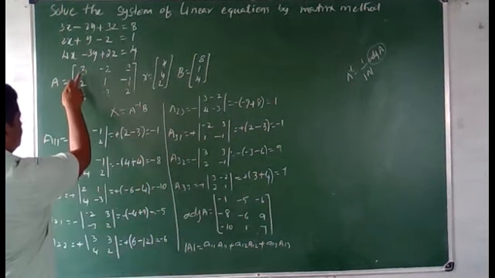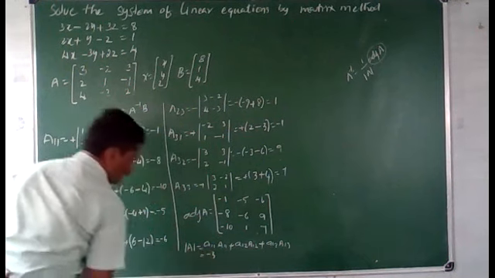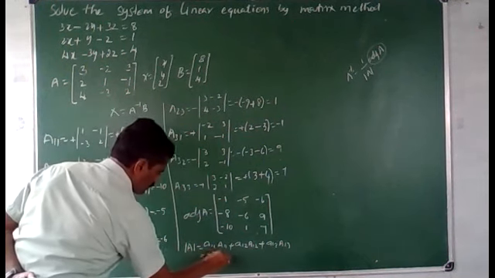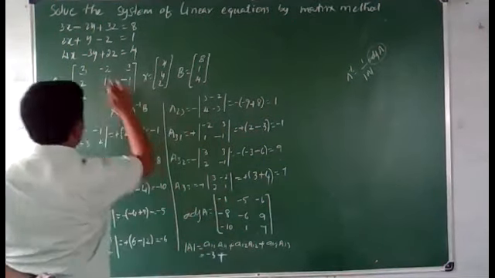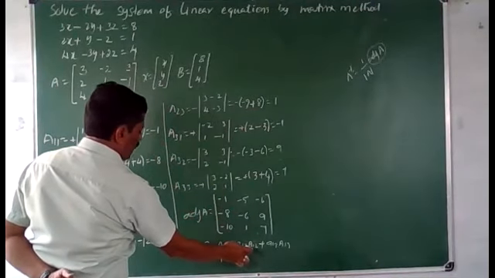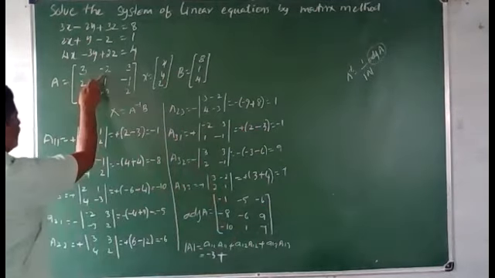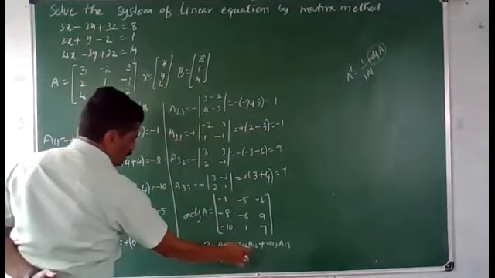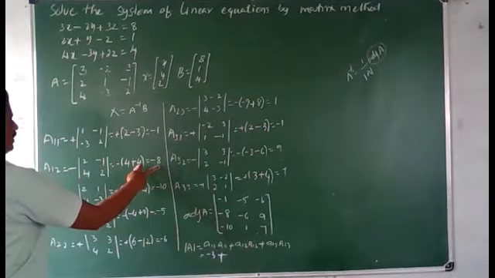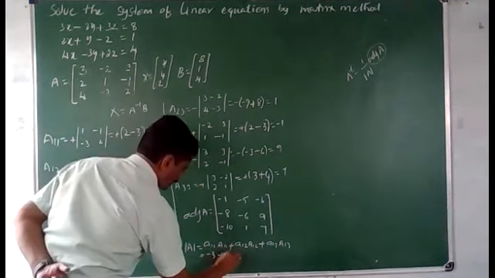3. So 3 into minus 1, minus 3. Again plus small a12 into capital A12. What is small a12? We have here that is minus 2. What is capital A12? We have minus 8. So minus 8 into minus 2, that is plus 16.